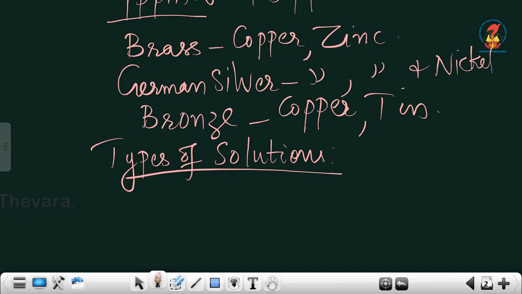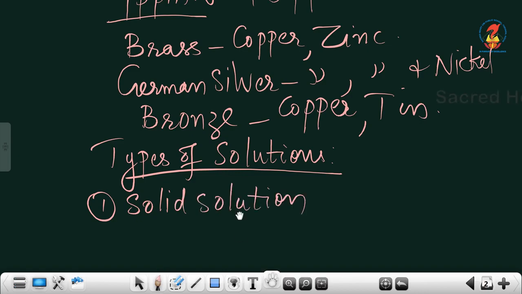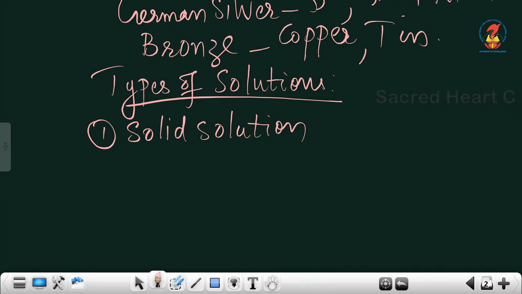There are mainly three types of solutions. First one is solid solution. The second type is liquid solutions.